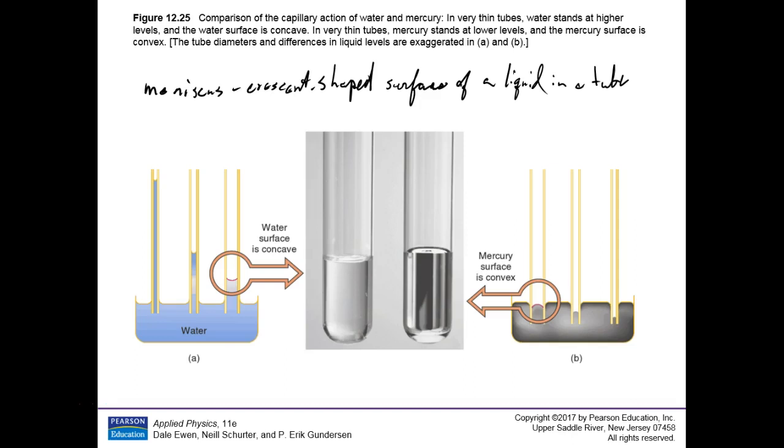And the elevation or depression decreases as temperature increases, because now the liquid molecules are moving with more energy. They don't hang together as tight, either pushing down or pulling up. All right. That was 12.3. No examples or exercises in that.